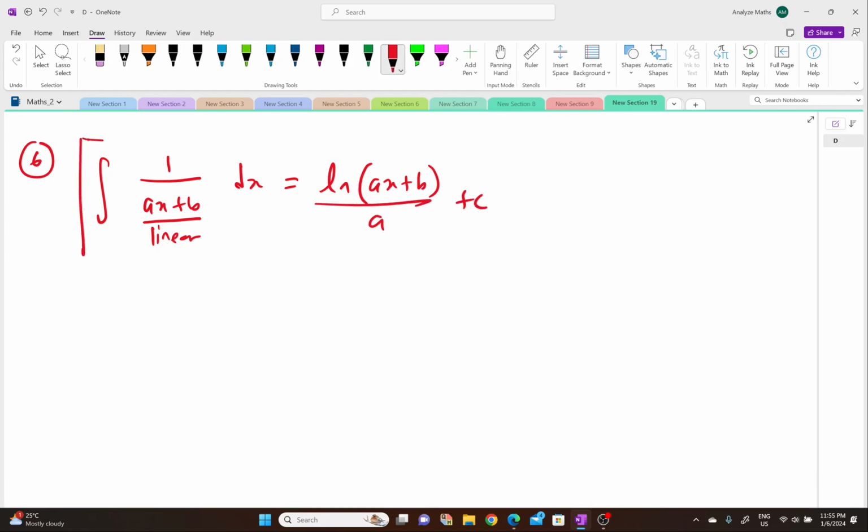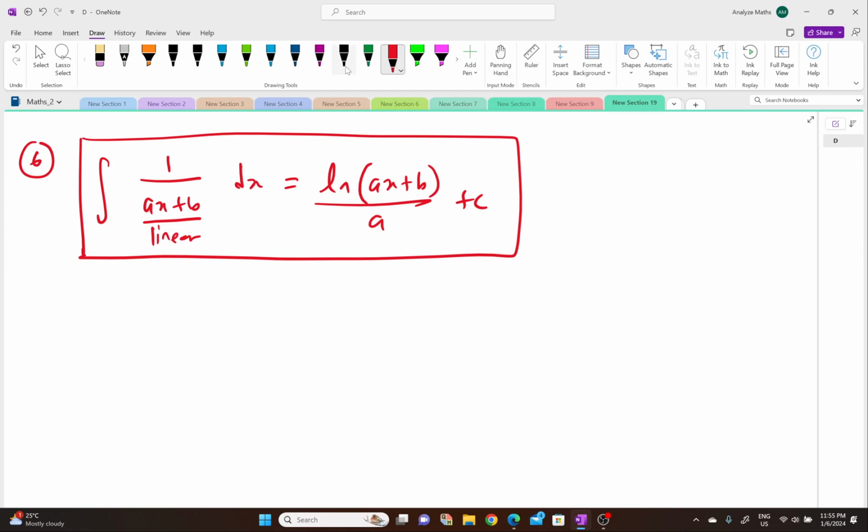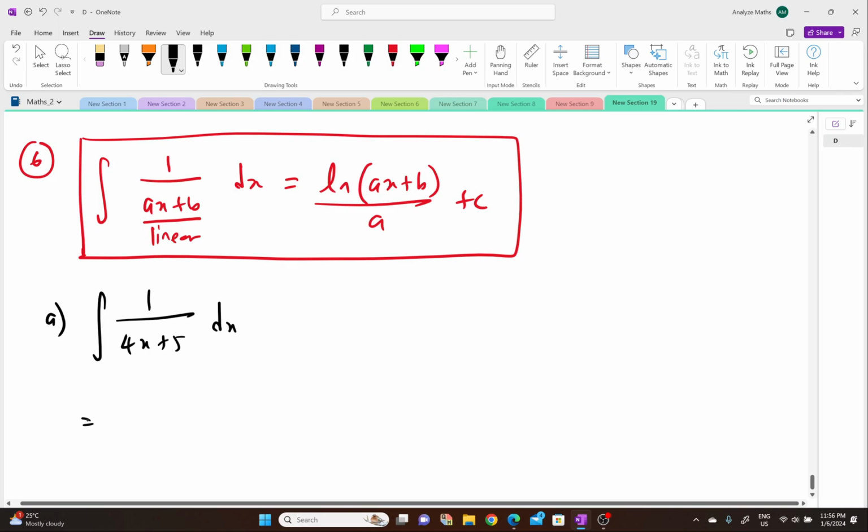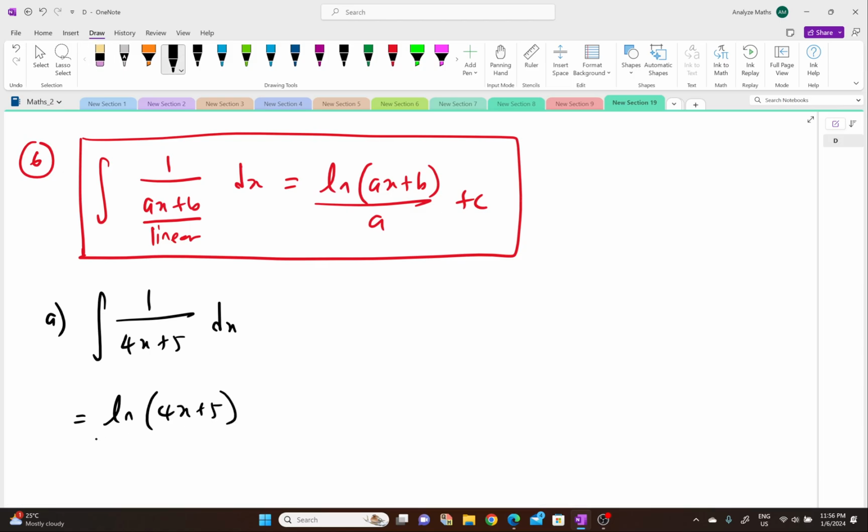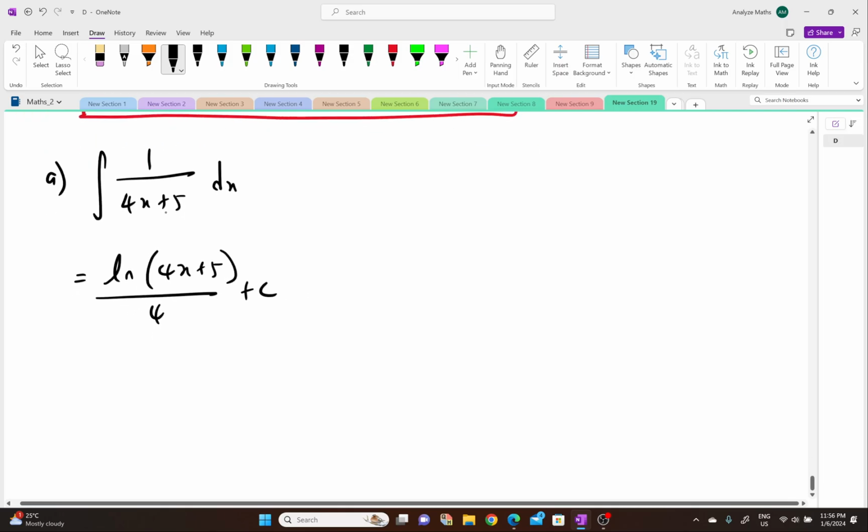See, example, this is a linear, so I can write it ln 4x plus 5 over 4 plus c. That is the answer. You can leave the answer like this.